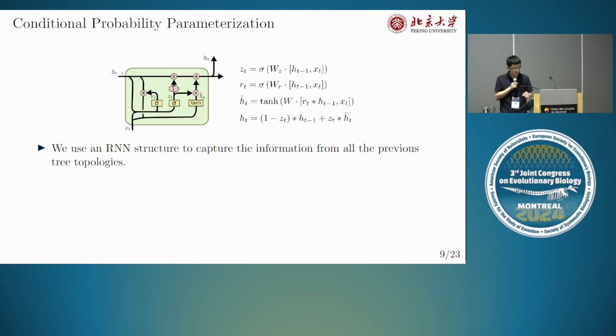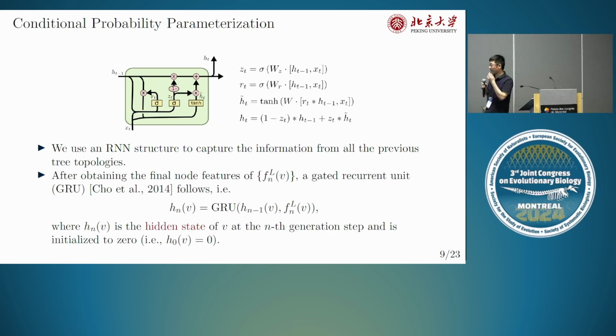Another thing is we have to describe a conditional distribution given all these previous decisions, right? In order to capture the information from previous decisions, we use a recurrent neural network architecture. And this is kind of standard. Every time you keep the current hidden states of the nodes. Then you use a GNN to aggregate information from the neighbors and get a final node feature for the current time step, FNV.